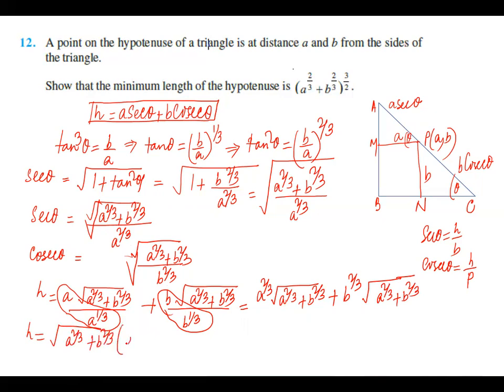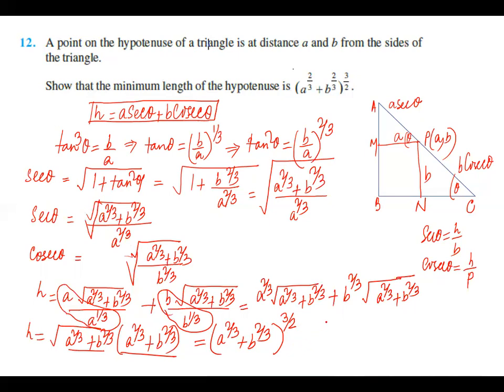In the bracket, I'll get a to the power 2 by 3 plus b to the power 2 by 3. So this is power 1, this is power half. So it will be a to the power 2 by 3 plus b to the power 2 by 3 whole to the power 1 and half, that is 3 by 2. So this is the minimum length of the hypotenuse.